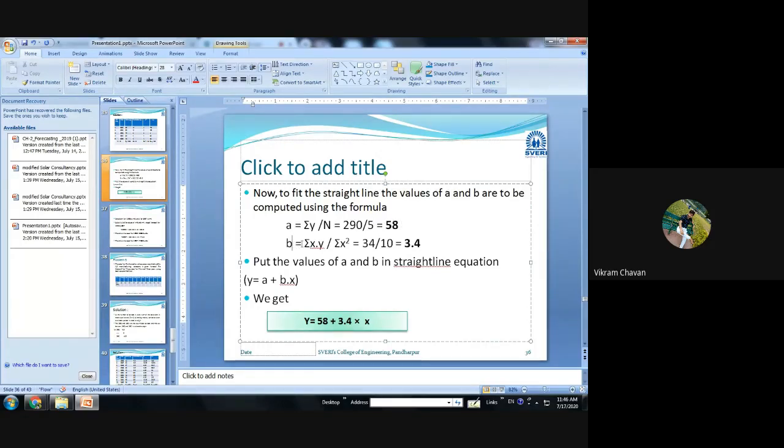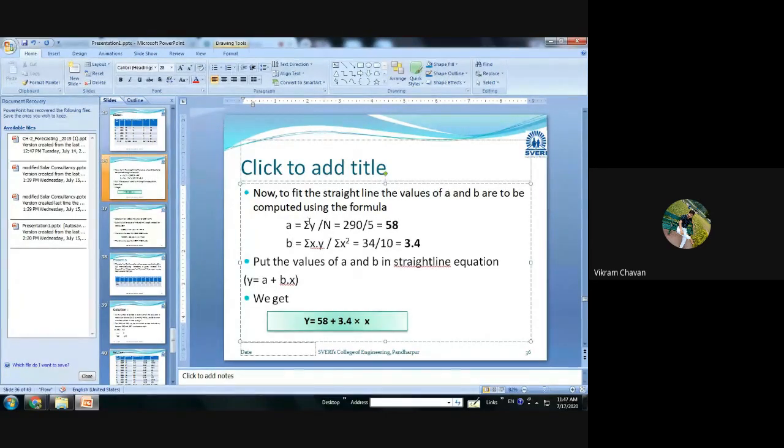Then b is equal to summation of xy divided by summation of x square. Summation of xy we are getting 34, and summation of x square we are getting 10 from the table. So 34 divided by 10 becomes 3.4. Then put the values of a and b in the straight line equation, that is y is equal to a plus bx.